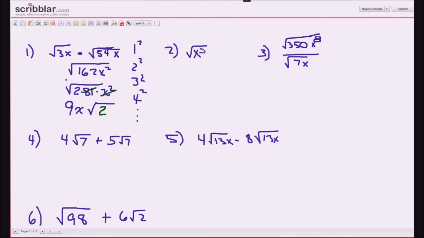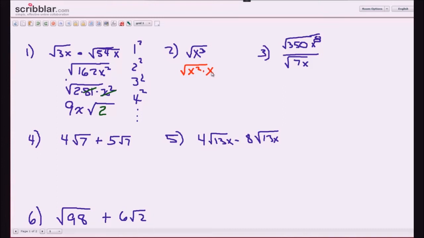So let's take a look at number 2 here. We have the square root of x to the third. Well, what we want to do is focus on the perfect square. There is a perfect square in there. That x cubed can actually break up into x squared times x.